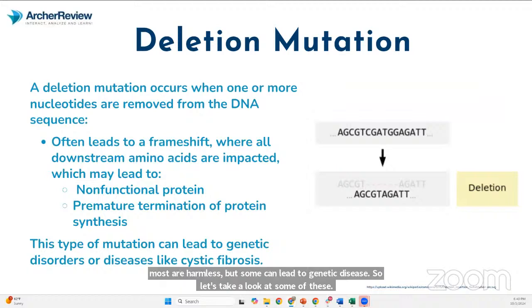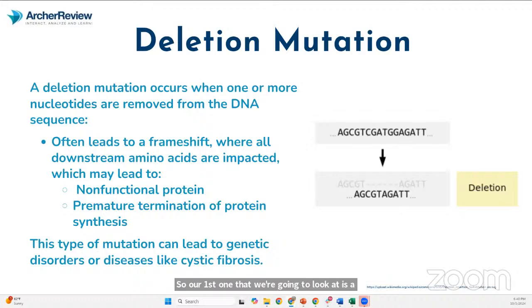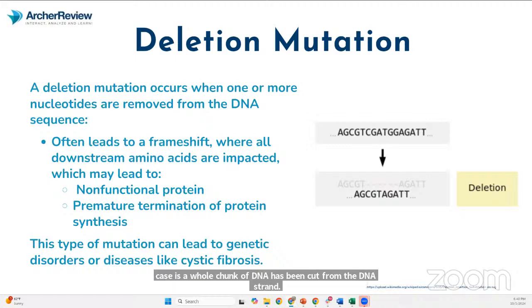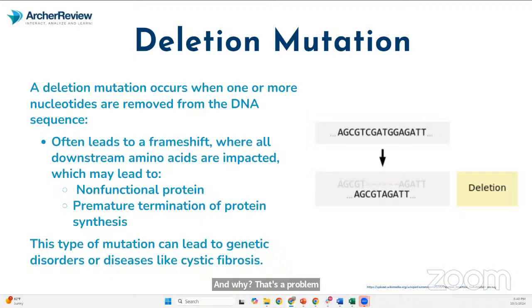So our first one that we're going to look at is a deletion mutation. And deletion mutations and insertion mutations are the most damaging mutation. If you look at the visual, what has happened in this case is a whole chunk of DNA has been cut from the DNA strand. And why that's a problem is because, remember, the amino acids are read in groups of 3.